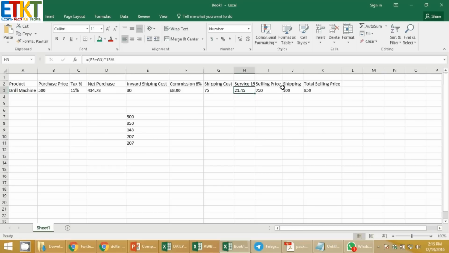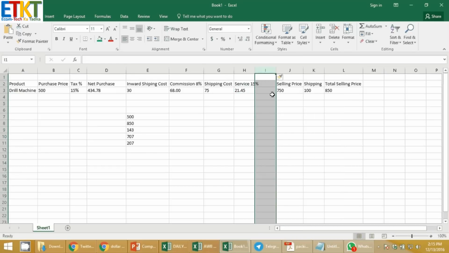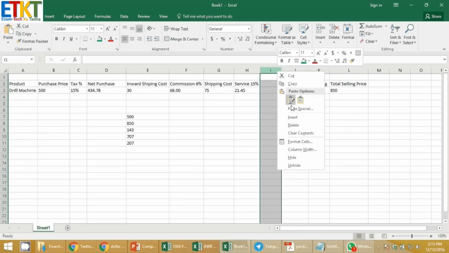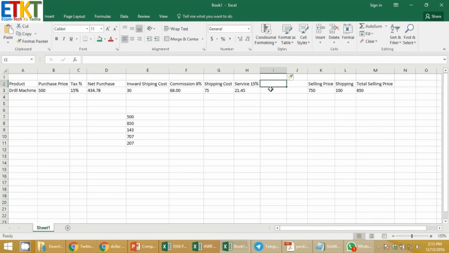Okay, what are the other expenses that are involved in it? There are few more that probably you never realize. One is the packing cost. Okay, so packing cost roughly is around 10 to 15 rupees depending on the kind of product that you're trying to sell.